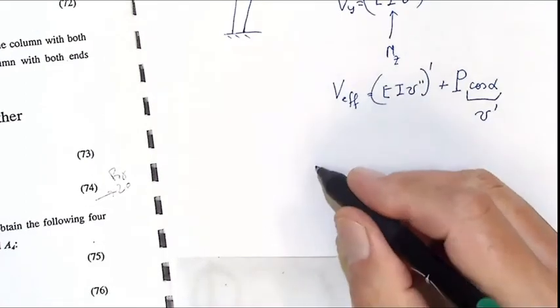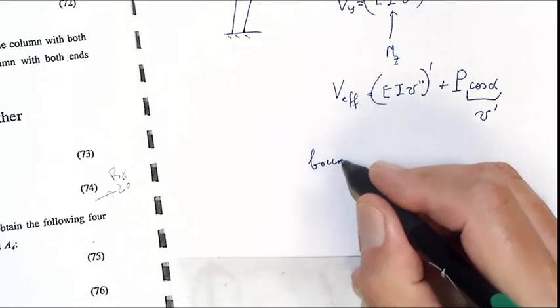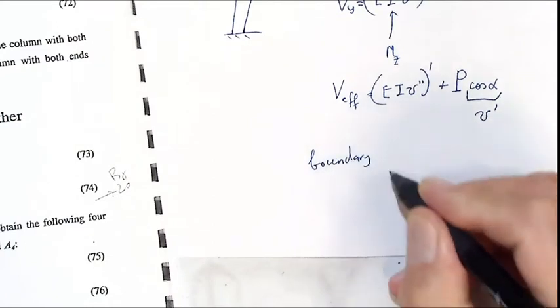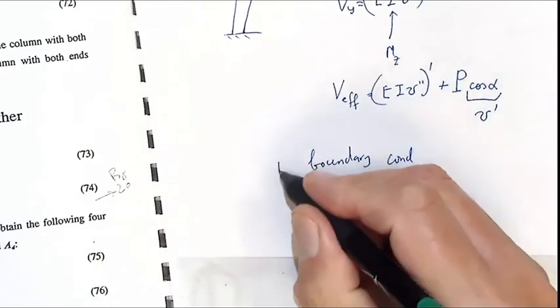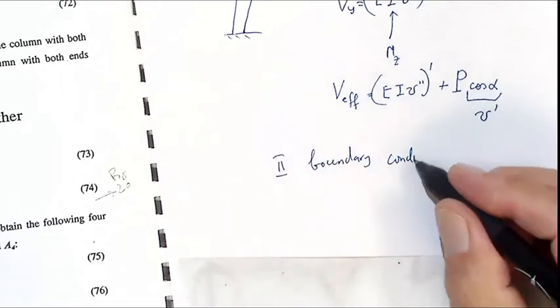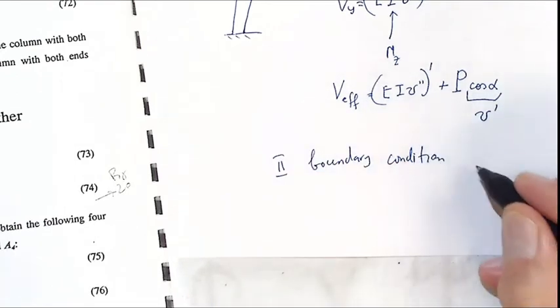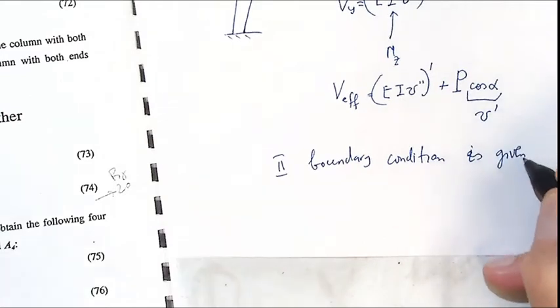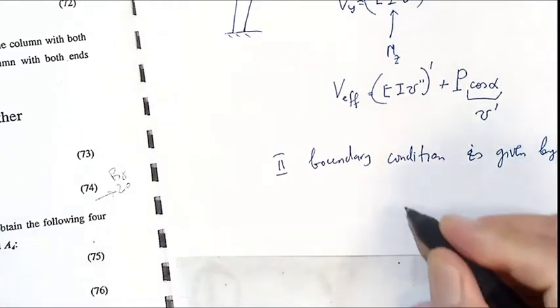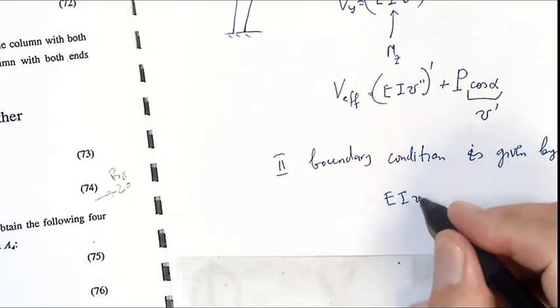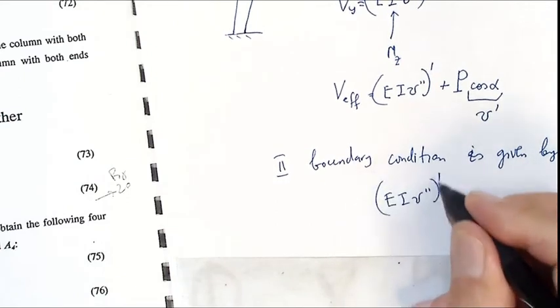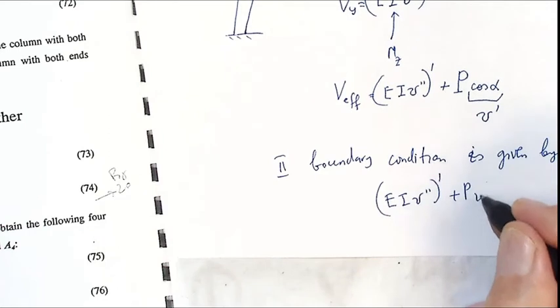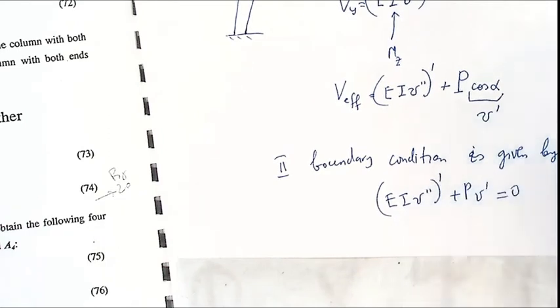So we have the boundary condition. The second boundary condition is given by EI V double prime prime plus P V prime equals 0.